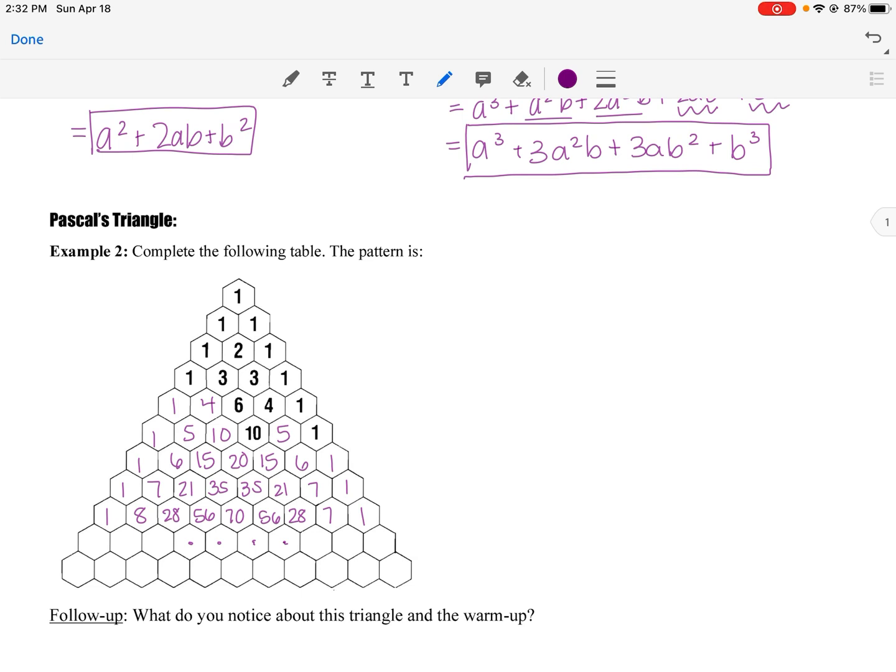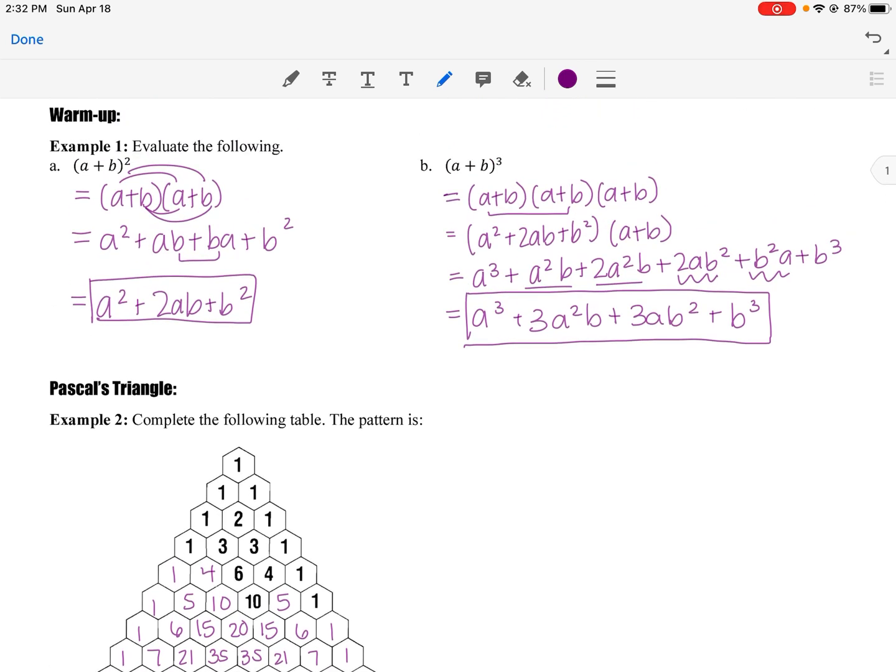What do we notice about this triangle and the coefficients in the warm-up? As you look here, notice how we have 1a squared, 2ab, 1b squared. And look at this row. Then we got 1a cubed, 3a squared b, 3ab squared, b cubed. Look at the next row.